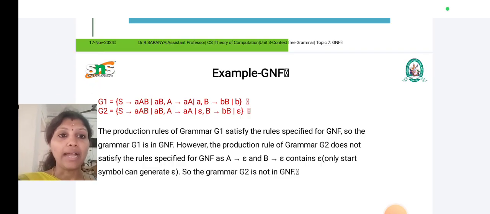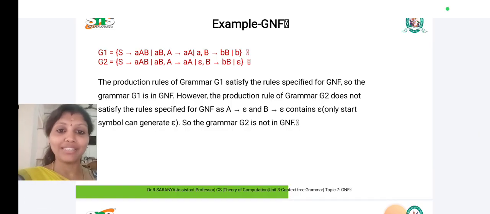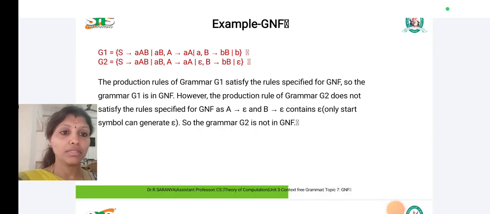Based on that, we are going to analyze whether the given grammar is a formal grammar using the set of production rules. Comparing G1 and G2, grammar 2 does not satisfy the rules because A is considered as epsilon and B is considered as epsilon.